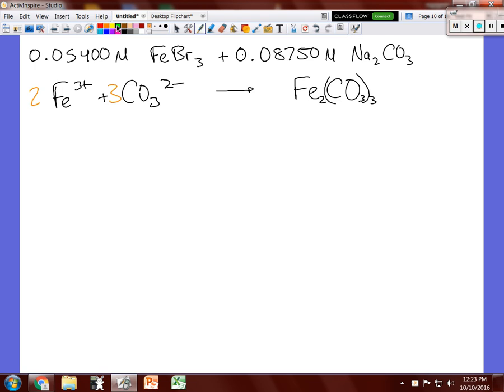All right? Now, so that does make it a little bit easier to say because all of these molarities can now be turned into what? Moles. That's going to make it much simpler. So now we have to divide those two things by 2. So has anyone already divided the 0.054 by 2? What is it?